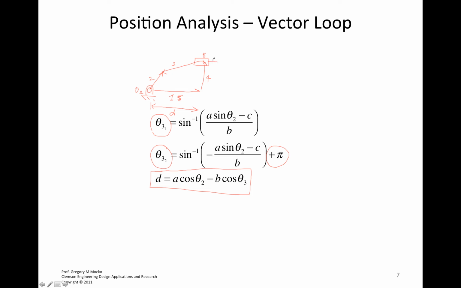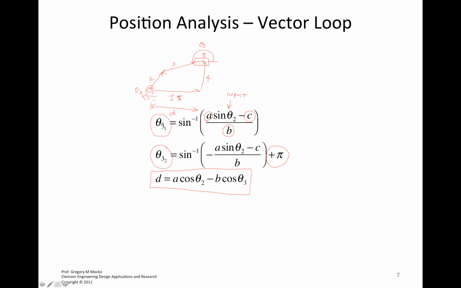Well, for these values. So we have theta 3. Here's theta 3, and D. So we can end up solving for these. If you look here, we've got arc sine of A sine theta 2 minus C over B. We know C, we know B, it's given to us. We know A. Theta 2 is an input to the system.